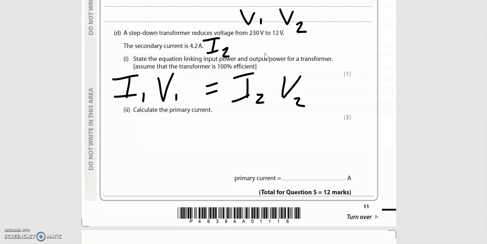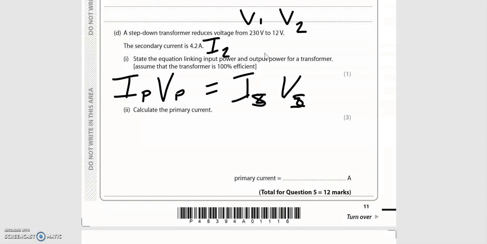Now I'm using 1 and 2 basically because it's easier for me to write with my finger, but you can call that P and S as well, so primary and secondary. And then once you've got that equation, you can calculate the primary current.